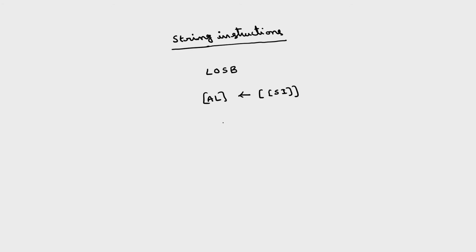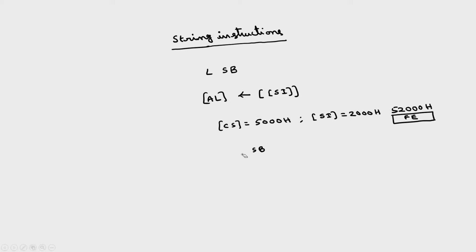For example, if I take this code segment, contents will be 5000, and if SI contents will be 2000, and if the contents of 52000 H is FE, then after the instruction load string byte, the contents of AL becomes FE.